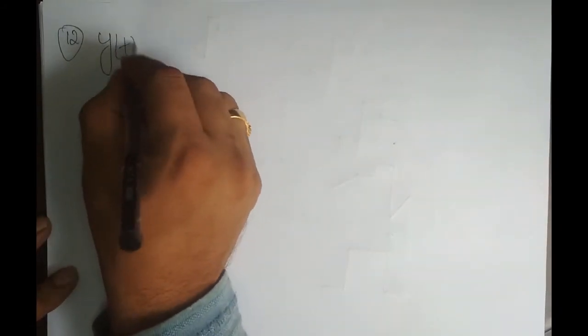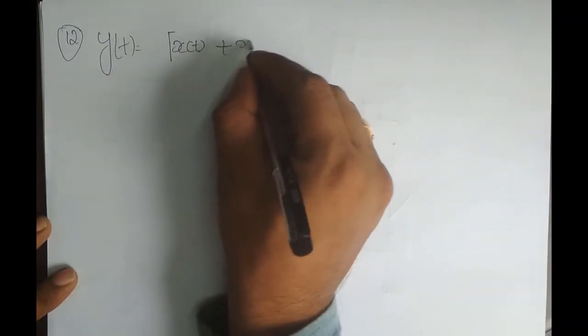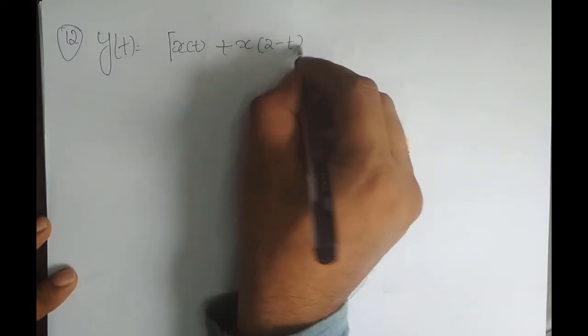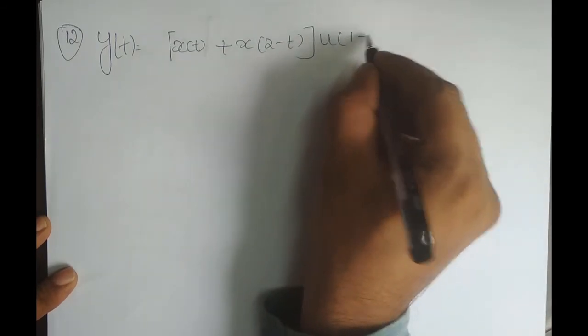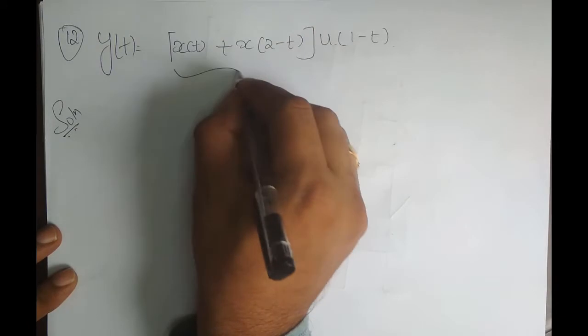So problem number 12. y of t is equal to x of t plus x of 2 minus t into u of 1 minus t. So solution. This signal we already have.